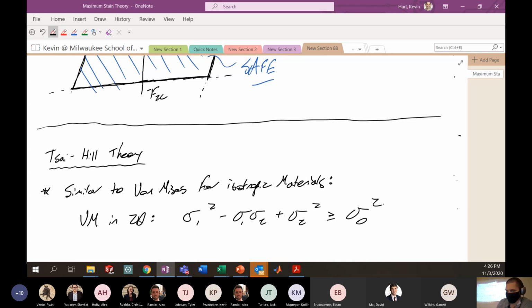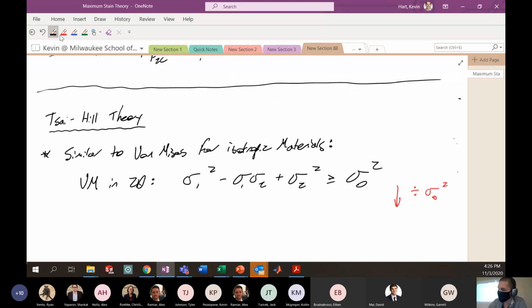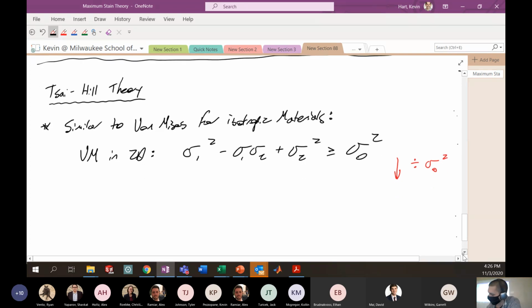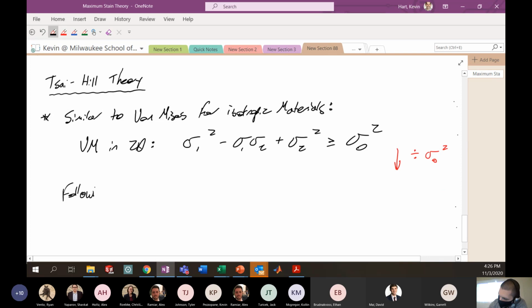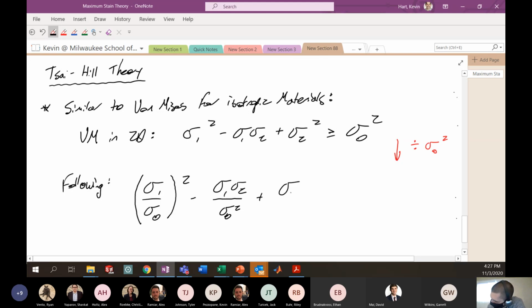Now, if you rearrange this and divide the entire expression by sigma naught squared, you're going to end up with the following. So this is just rewriting the von Mises failure criterion.